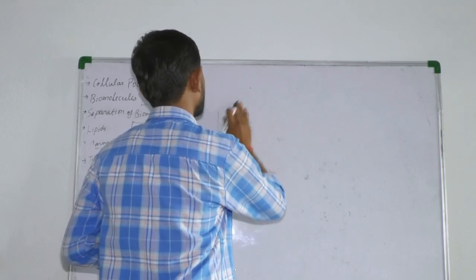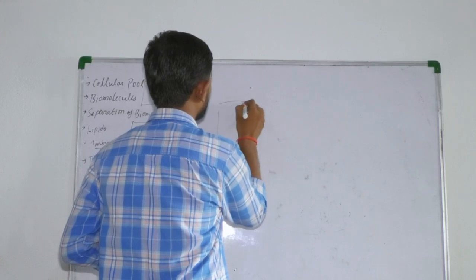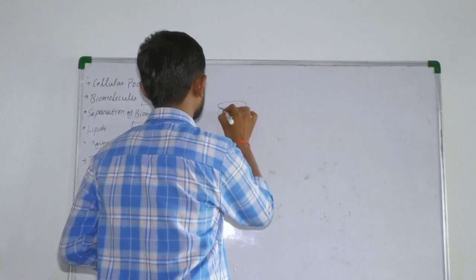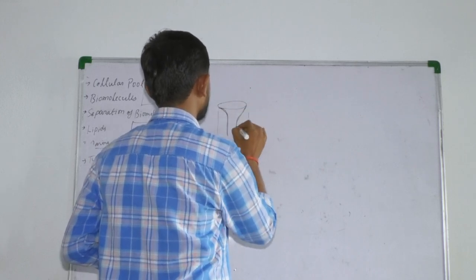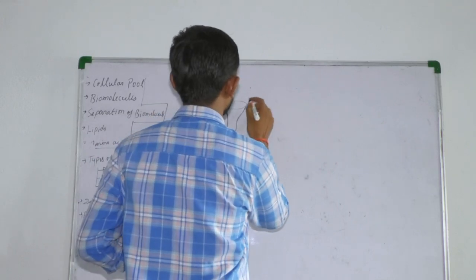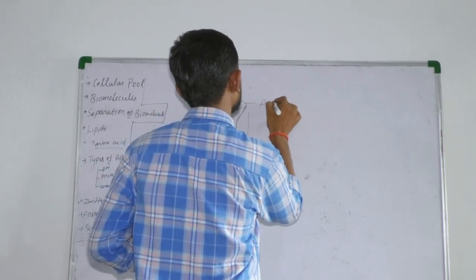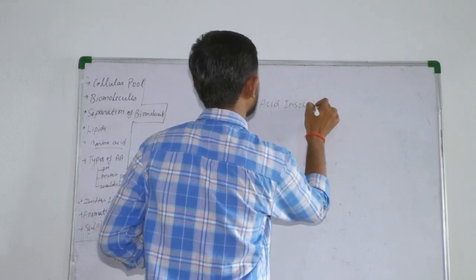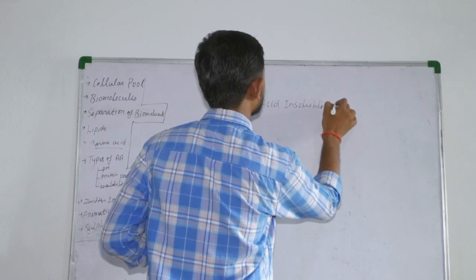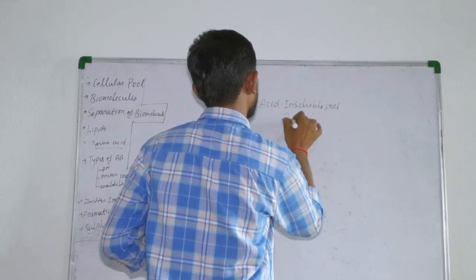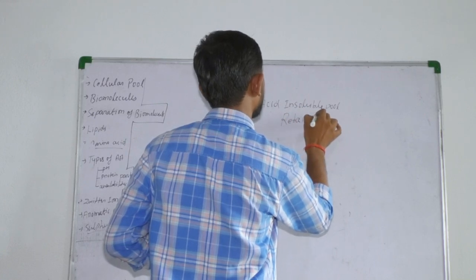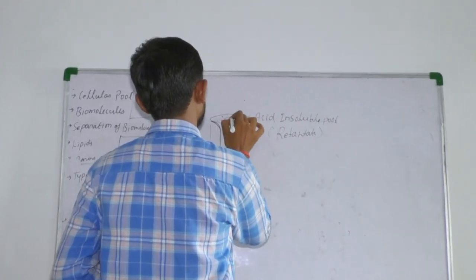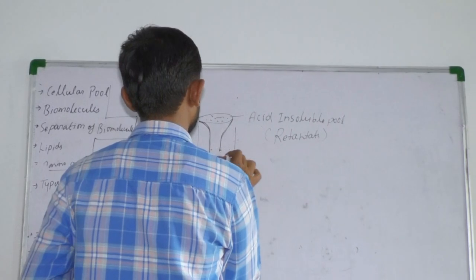We crush the living tissue in trichloroacetic acid and filter the solution. We get the acid insoluble pool, which we also call the acid retentate pool, and which is retained on the cheesecloth.